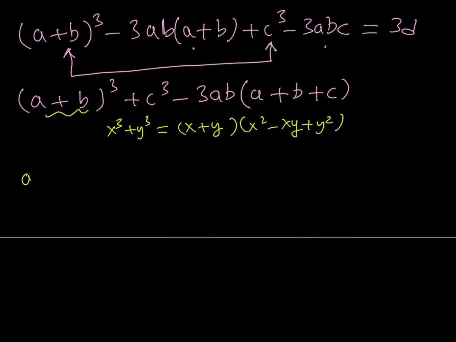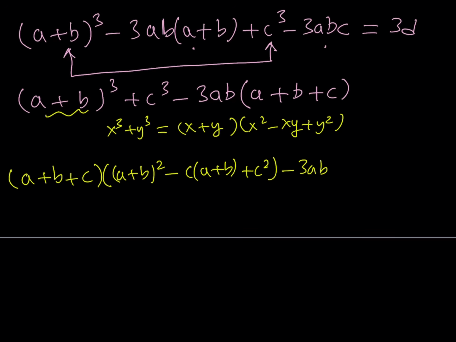So I can write it as (a plus b plus c) as my first factor, and the second factor is going to be (a plus b) squared minus (a plus b) times c, plus c squared. So that is the first part. Minus 3ab times (a plus b plus c) is just going to stay the same. Now notice that a plus b plus c is a common factor, so we can take that out.